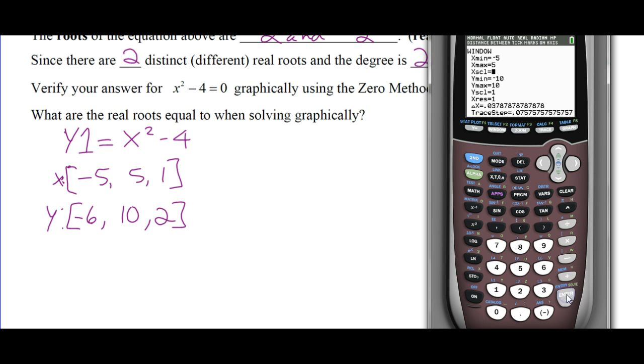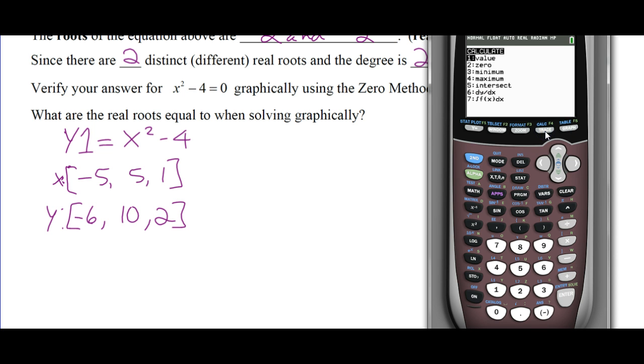So we adjust the window, -5 to 5, and we said -6 would do. So -6, 10, go by 2s, hit graph. Kind of easier on the eyes this way, more obvious. And then we need to find the values of the x-intercepts, right? In this case, it would be the intersection.